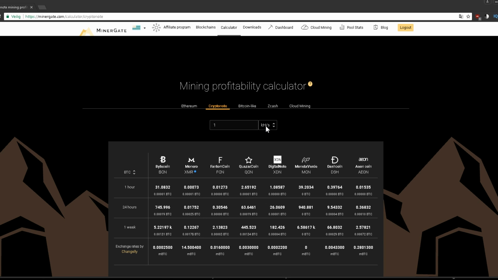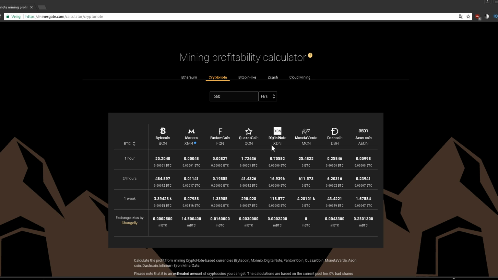So here you can just calculate your profitability. For instance, if we have say a Radeon card that does not 650 kilo hashes, but 650 hashes, you're going to get near 0.1 Monero a week.